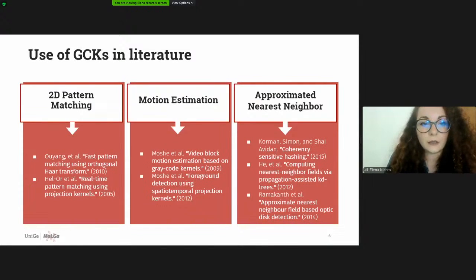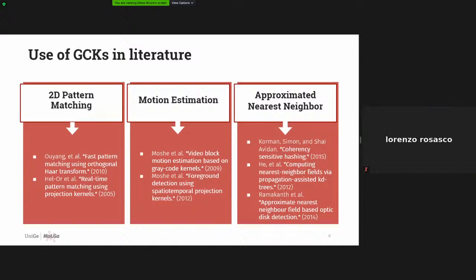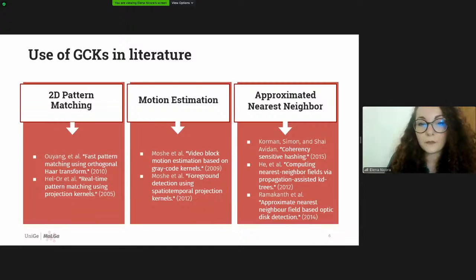So in this slide, we have examples of work about 2D pattern matching, motion estimation, and more generally optical flow estimation, that is the computation of differences in motion between images at pixel level.